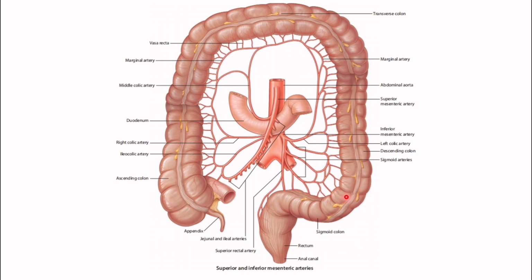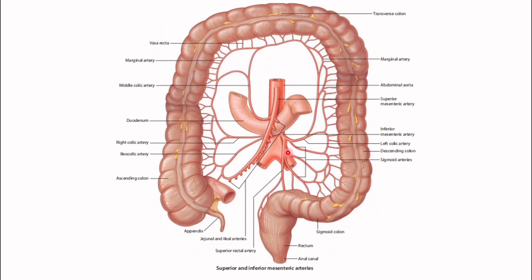Done. Then the venous drainage corresponds with the arteries, so venous drainage is via the inferior mesenteric veins. Done. Then the lymphatic drainage also follows the vessels to the inferior mesenteric nodes.